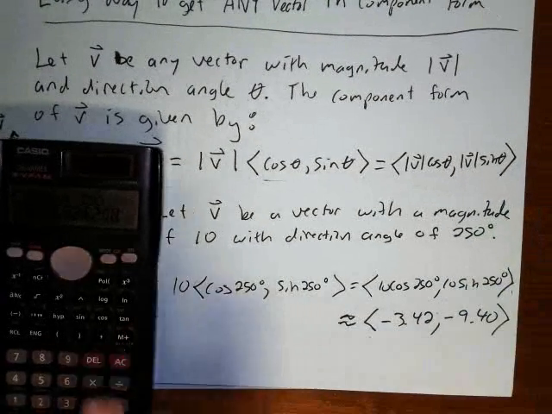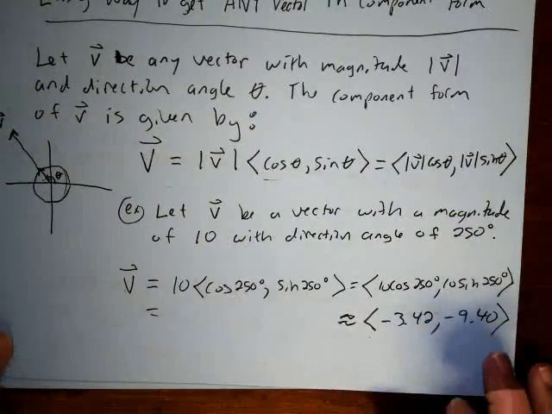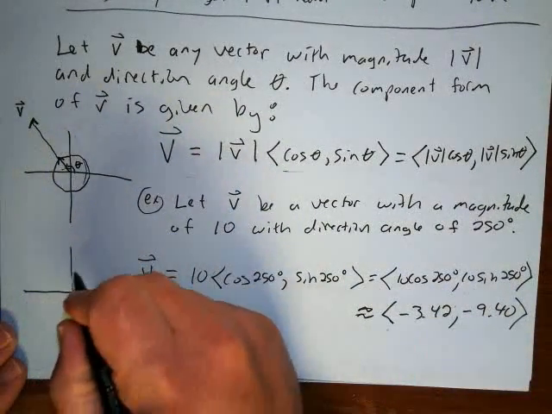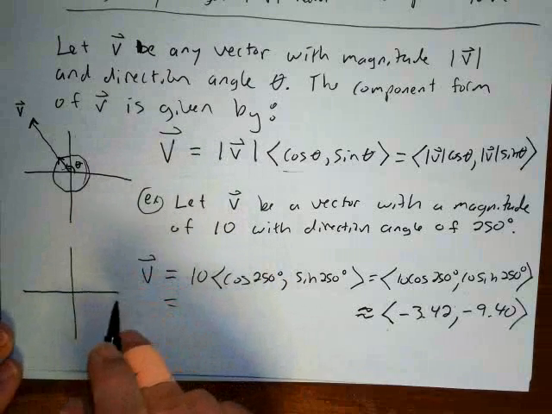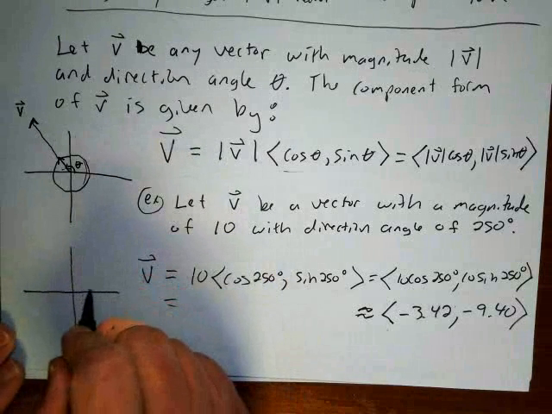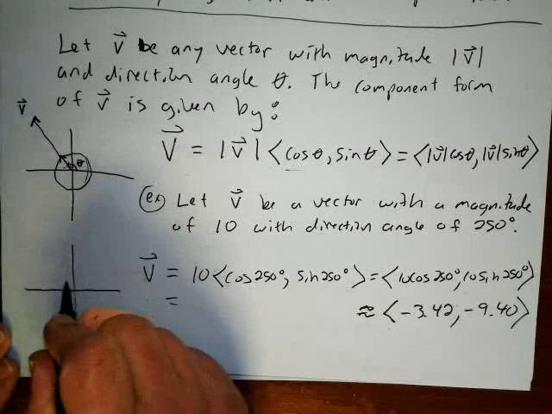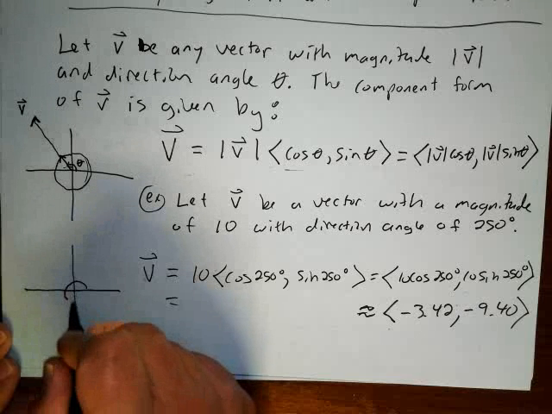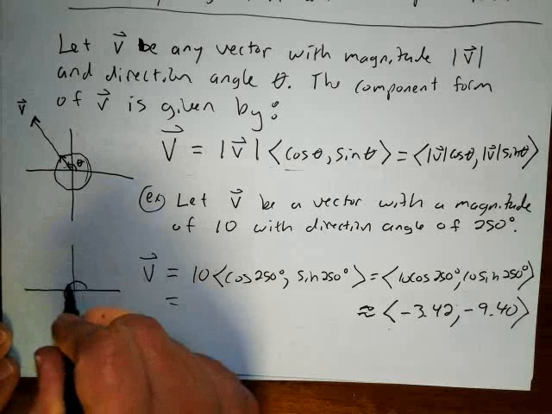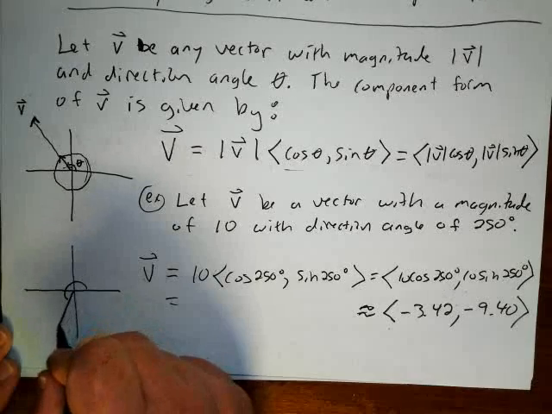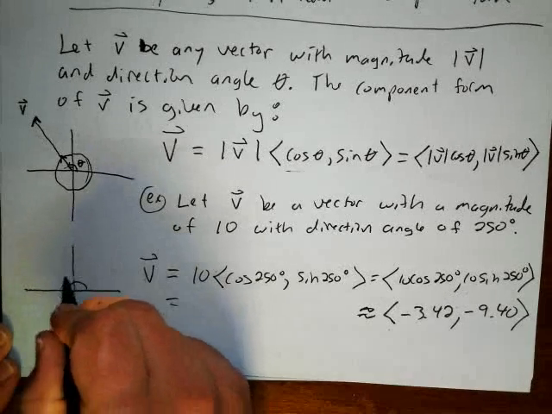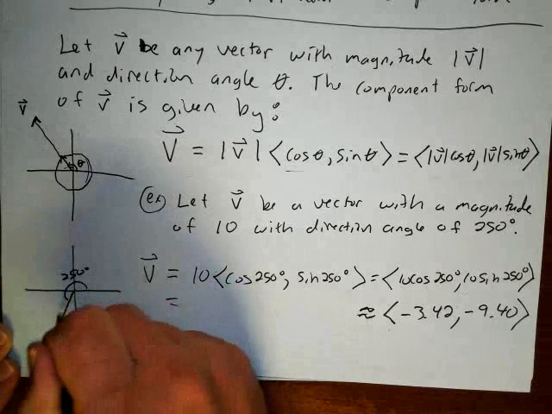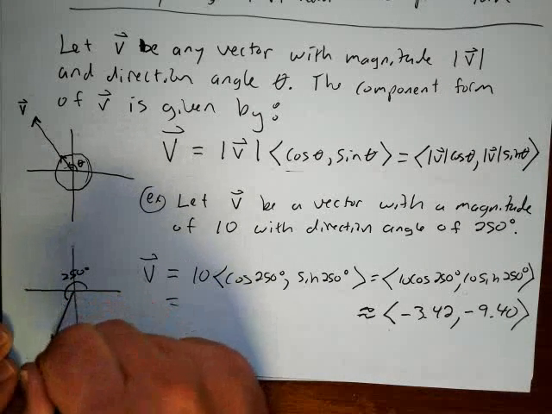Just like that. And let's see if this actually makes sense. So 250 degrees. Okay, if I measure 250 degrees from here, the lower y-axis is 270 degrees, so it would be something like this. 250 degrees would be like that, and then the magnitude of this vector would be 10.